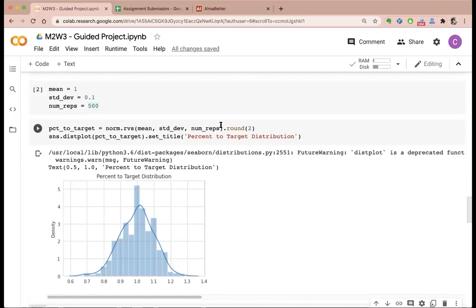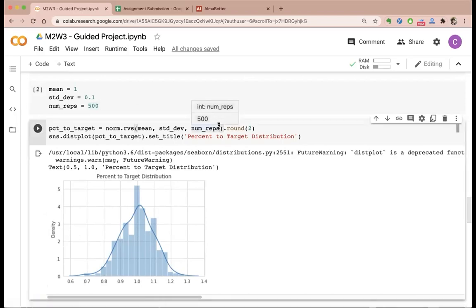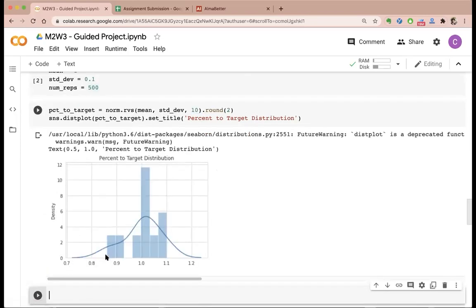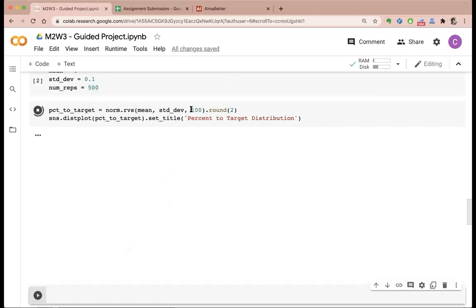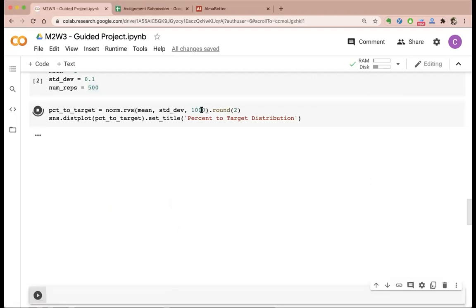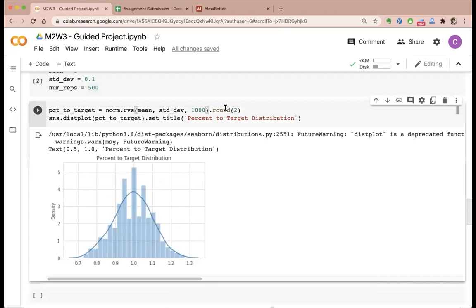Again, to emphasize the fact that if we take enough samples, we will get close to the normal distribution. So let's say I take 10 samples, it will look something like this, very abrupt. As and when you keep on increasing the number of samples, it will go more and more closer to a normal distribution.